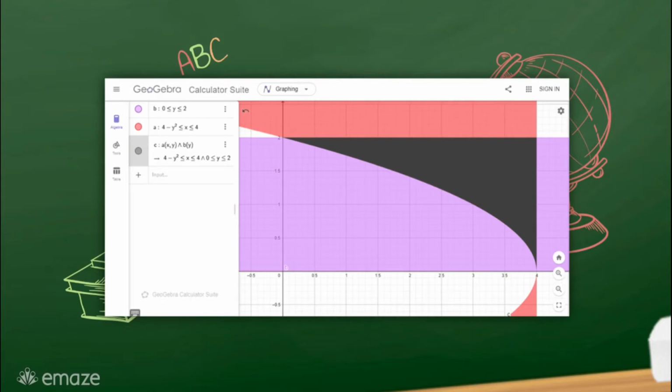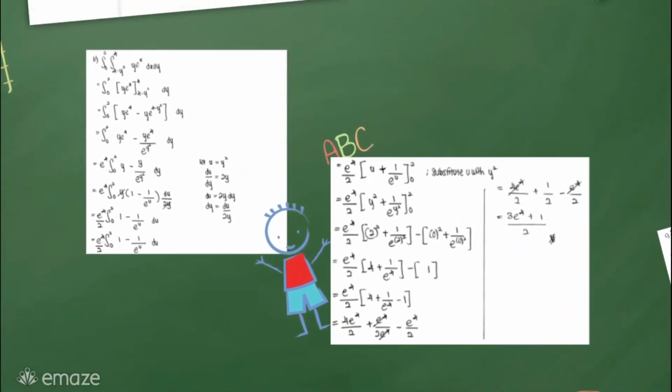Next we look at the double integral, how to solve the double integral type 2 because of dx dy. Alright, this is the calculation for double integral type 2, dx dy.